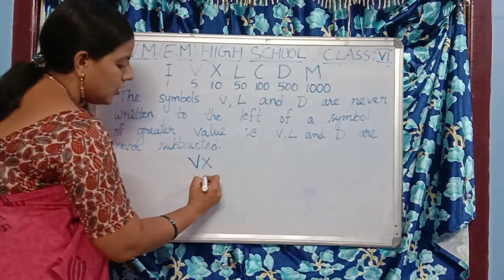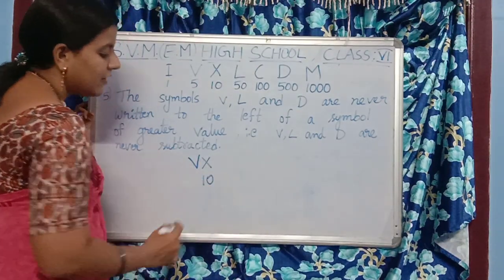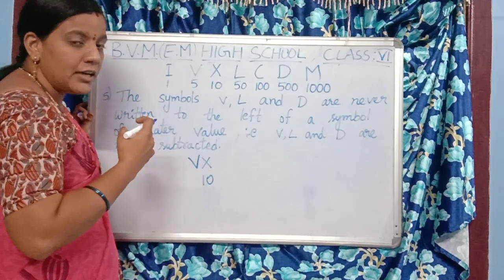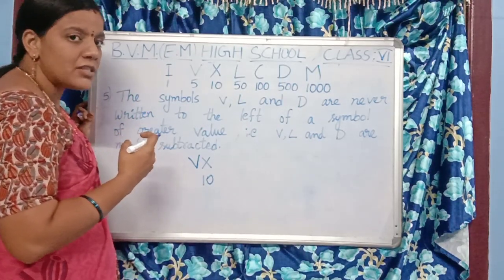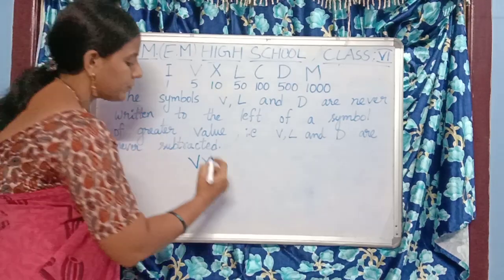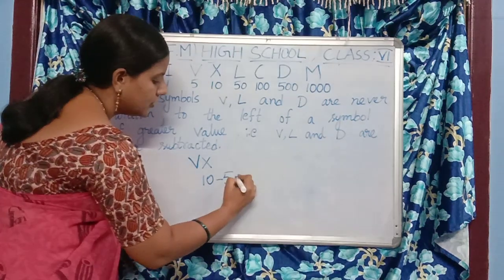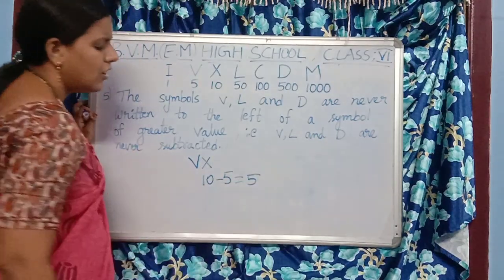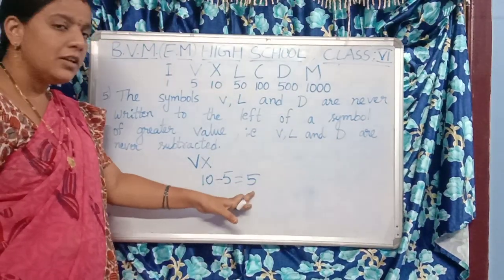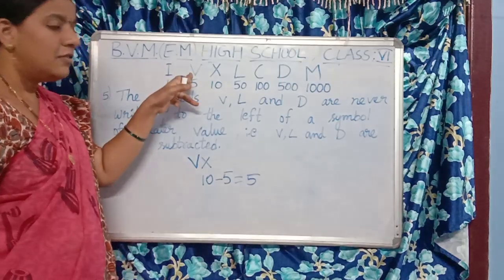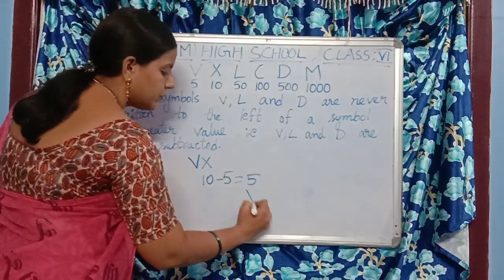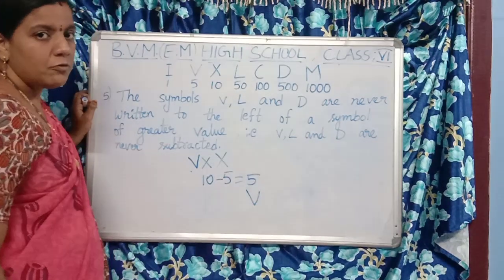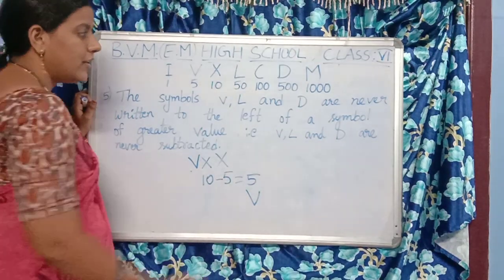Why? X is 10. When we write the smaller symbol to the left side, we have to subtract it. 10 minus 5 is 5. Already we have 5, the symbol V. So is it necessary? We should not write like this.